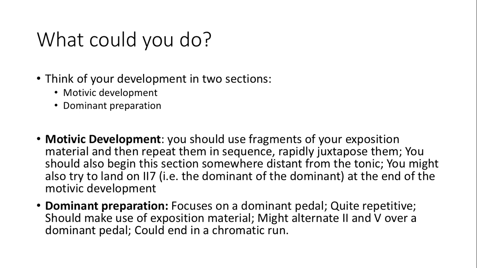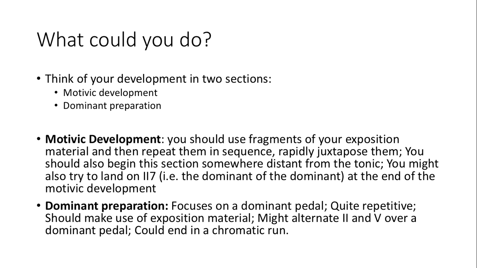You just need to work out how you're going to articulate that dominant pedal, and also knowing that both sections are going to be making use of fragments of your exposition material that you might repeat in sequence, you might rapidly juxtapose them, you might start that section somewhere distant to the tonic, and then eventually try to land on a 2/7 chord, the dominant of the dominant, at the end of the motivic development.